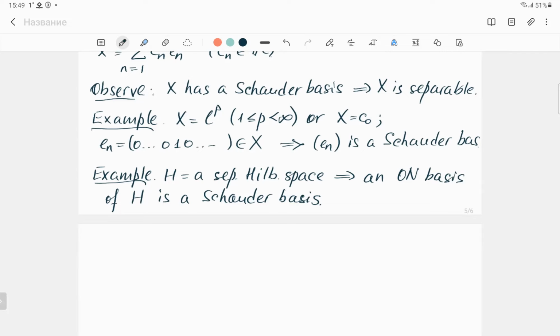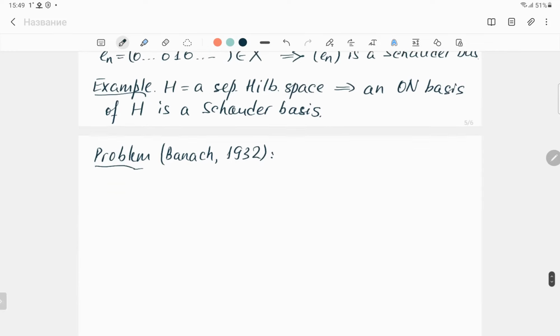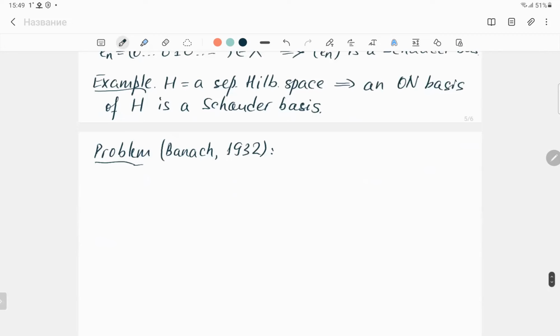And actually, there was a famous problem due to Banach, which was explicitly stated in 1932, the so-called basis problem. Does every separable Banach space have a basis, a Schauder basis?